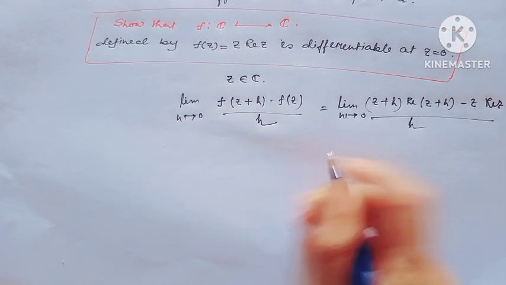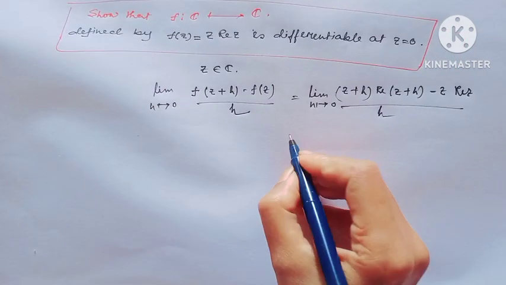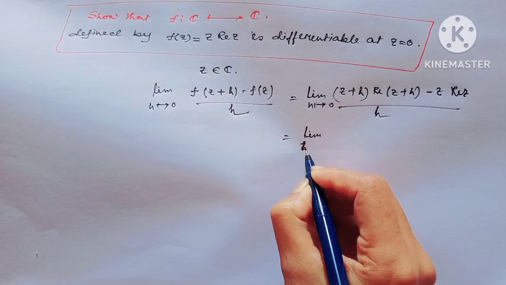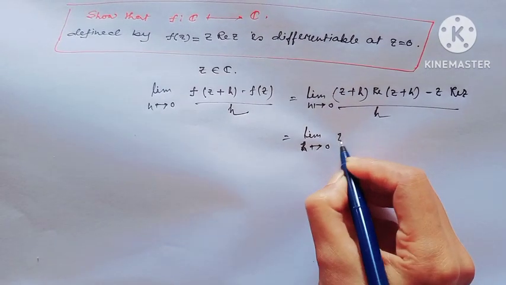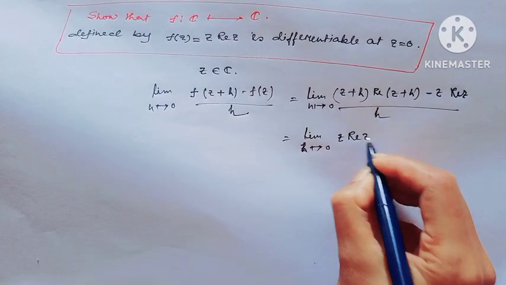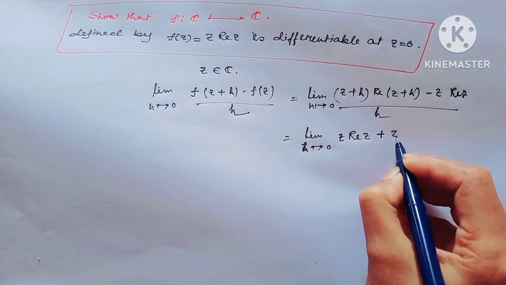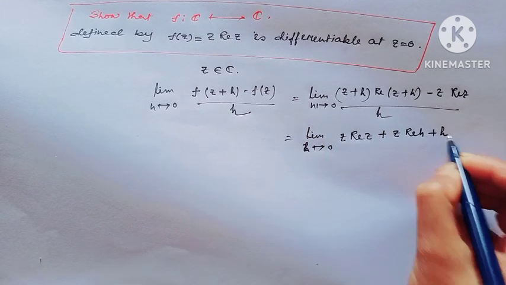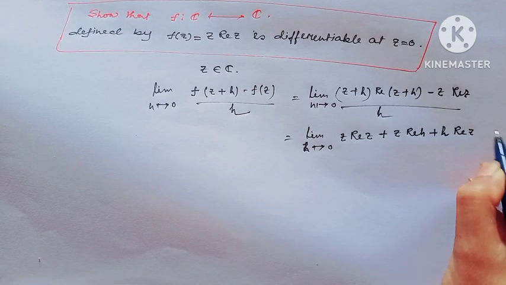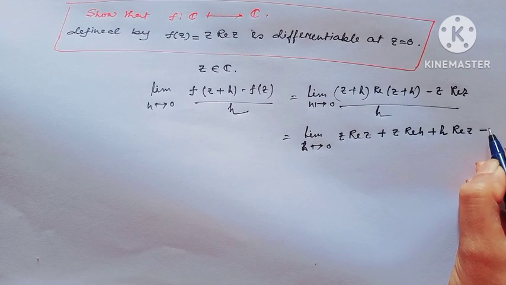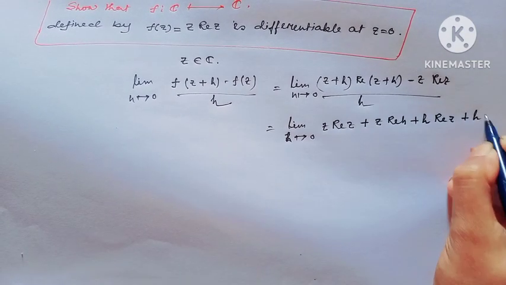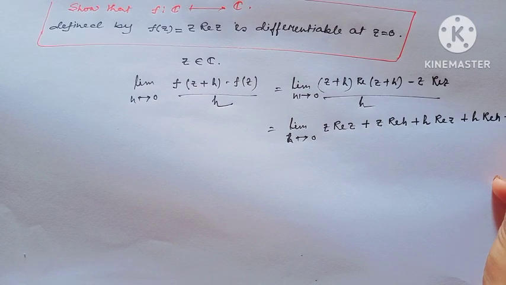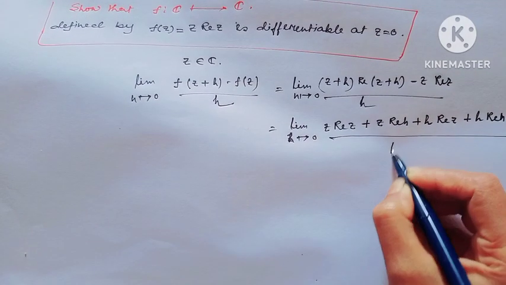Then this value would be the limit as h tends to 0 of (z Re(z) + z Re(h) + h Re(z) + h Re(h) - z Re(z)) over h.